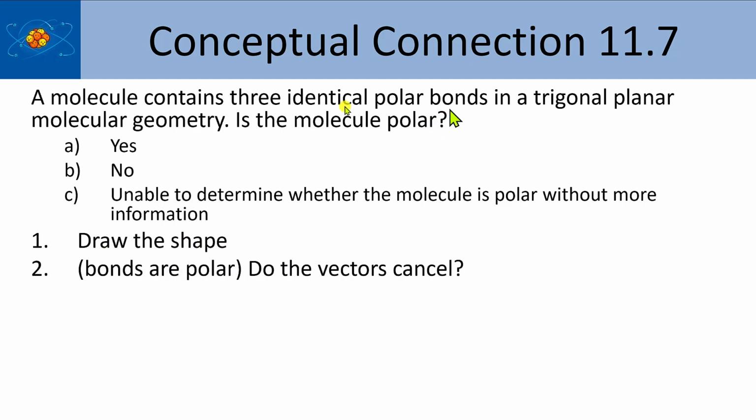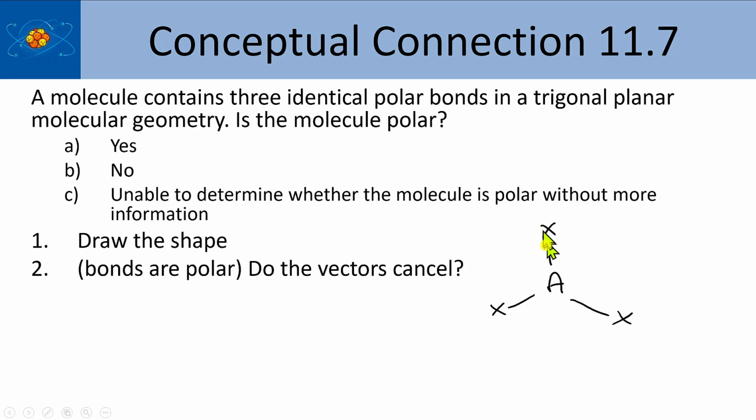And so we don't know what the atoms are, so we'll use the AX kind of notation the book uses. It says 3 identical polar bonds, so I have a central atom A in a trigonal planar arrangement with groups like this, and apparently no lone pairs. So the question is, is it polar?